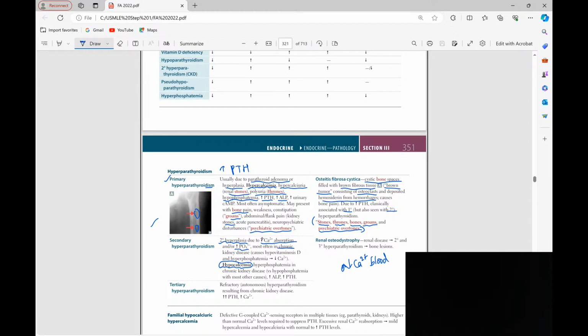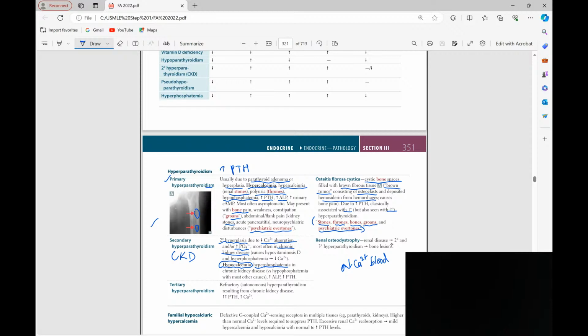Especially the main cause is CKD. Just remember secondary hyperparathyroidism is due to CKD. The kidney is not reabsorbing calcium properly, the body is insufficient in calcium, and then there will be secondary hyperplasia and also hyperphosphatemia. This is all we need to know.